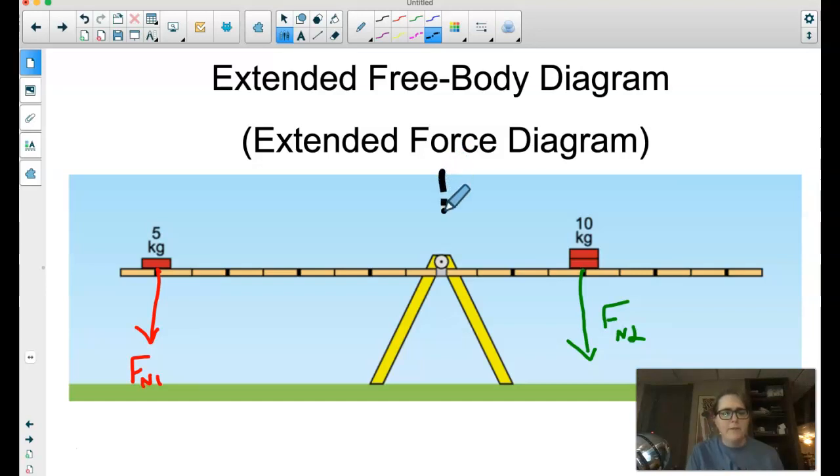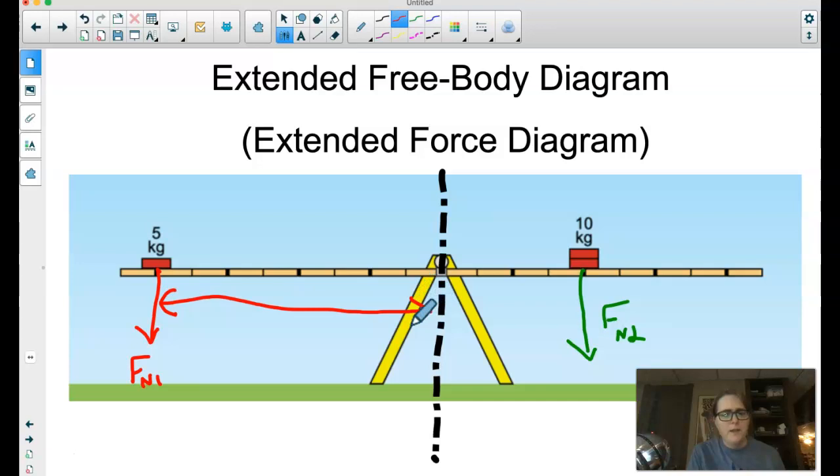Now, something that's going to be very important and that I'll talk more about in an upcoming video is the pivot point, or the axis of rotation. For now, I'm just going to define that as right in the middle of the board where it's attached to that stand. That's the point that the whole thing rotates around. The reason I need to define that is we're going to measure all of our distances from there.